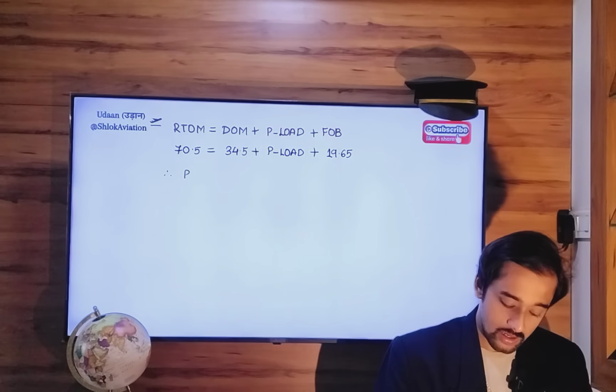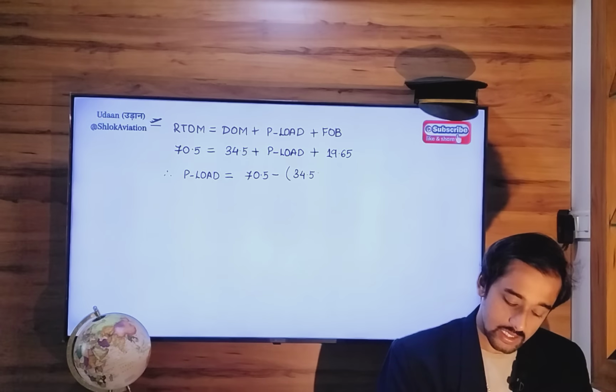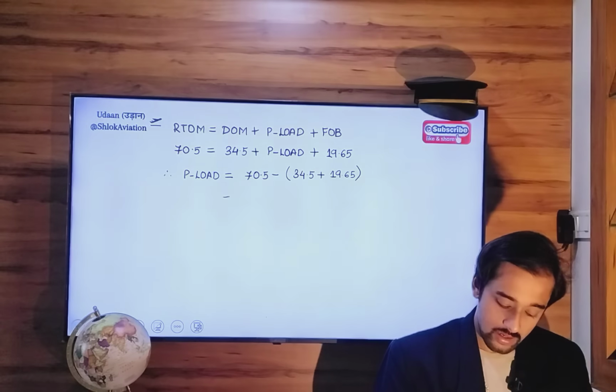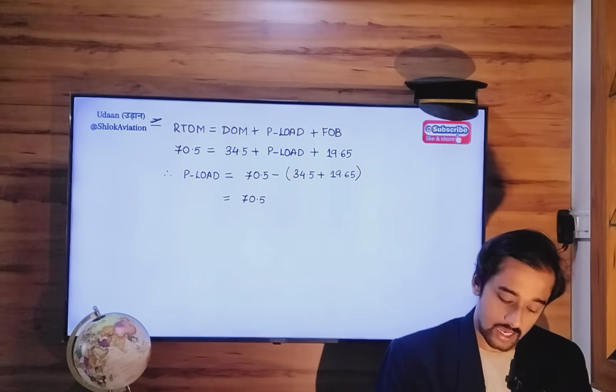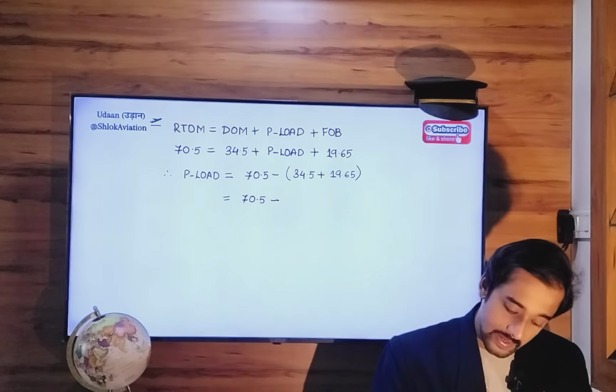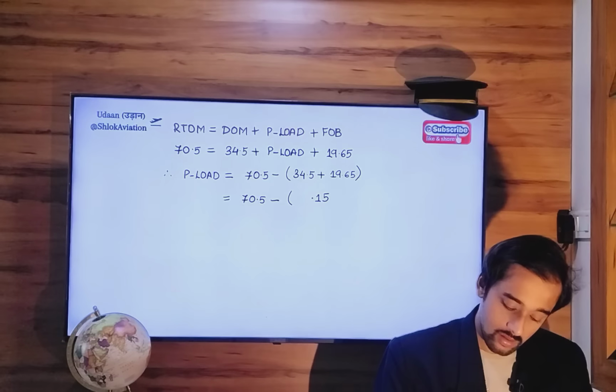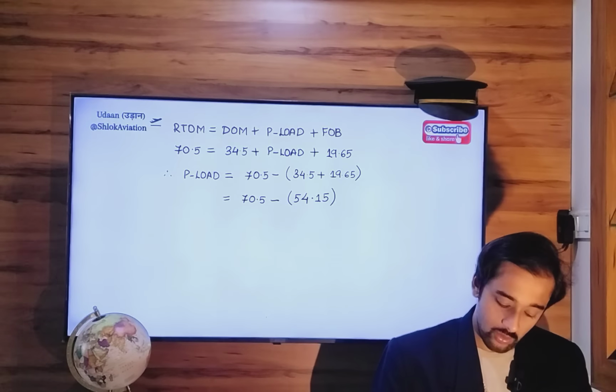Therefore, payload will be equal to 70.5 minus 34.5 plus 19.65. So 70.5 minus 34.15.